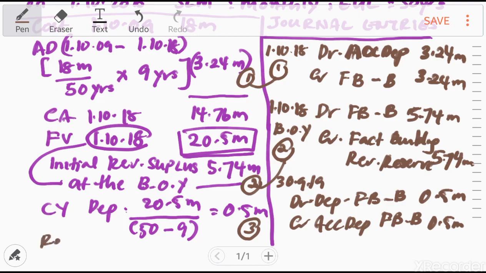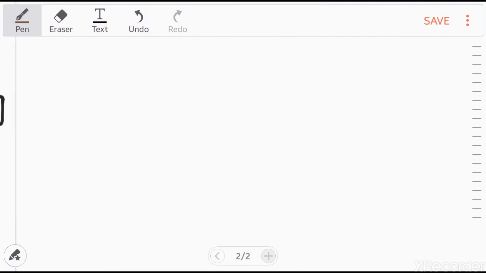But I'm doing this because of the requirement. So I'm going to show you the revaluation surplus realized. We go to the next page.